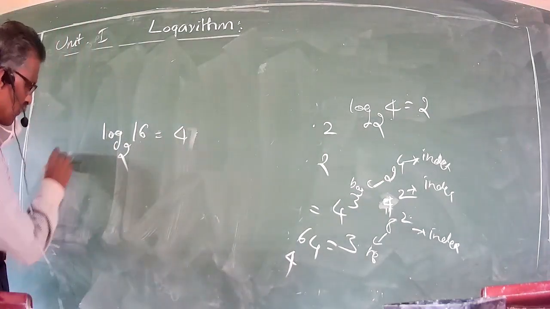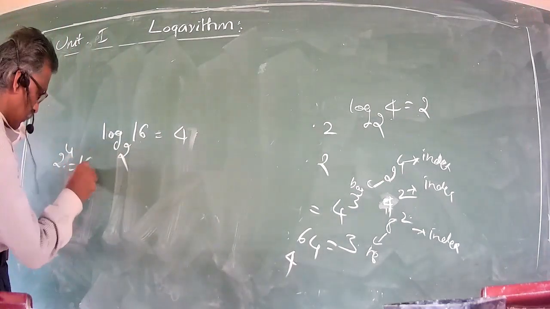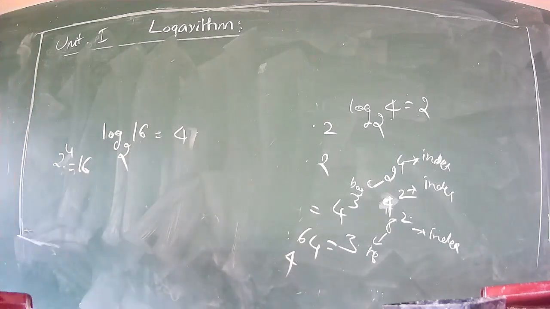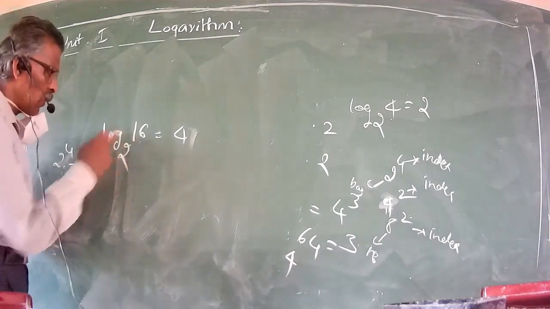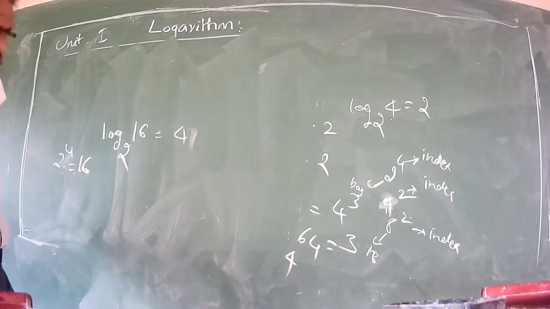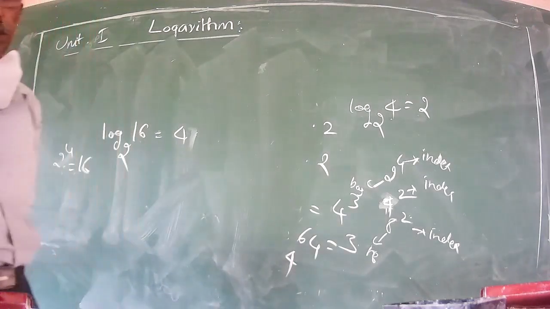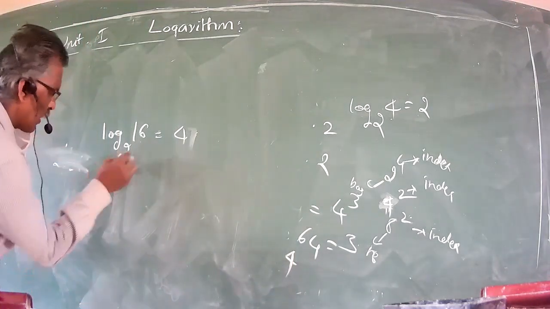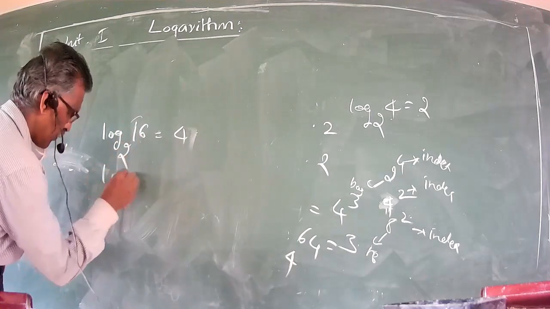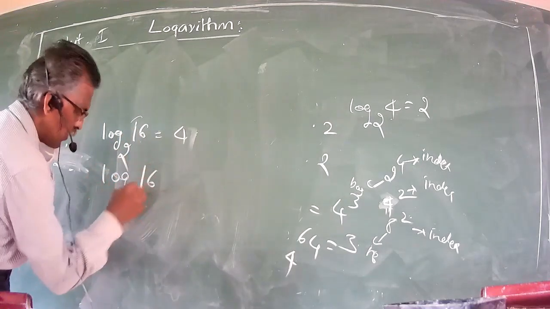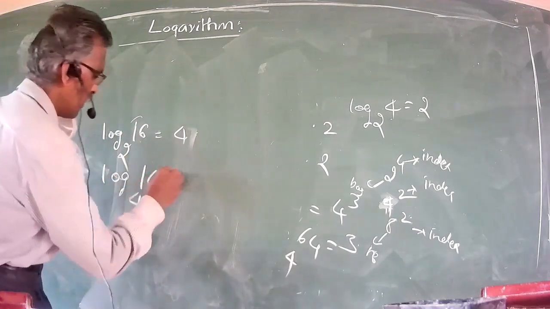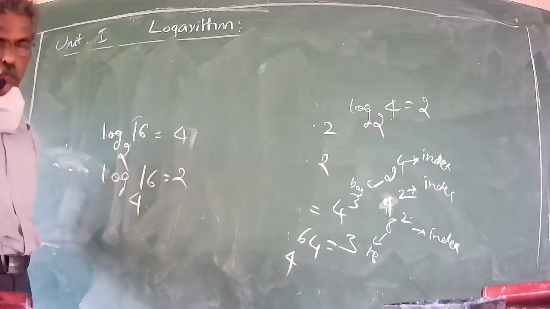How? Because 2 raised to 4 equals 16. Right? So log of 16 to the base 2 equals 4. Similarly, I can write log of 16 to the base 4 equals 2. Right?